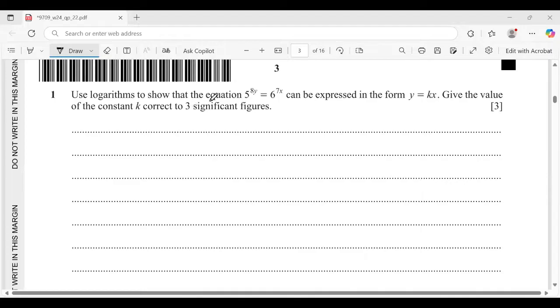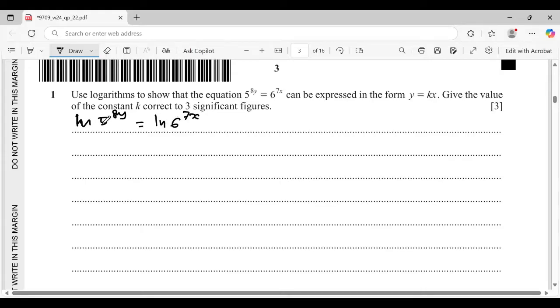Now we are going to take the natural logarithms for both sides of this equation, the left-hand side and right-hand side. So ln 5 to the power 8y equals ln 6 to the power 7x.